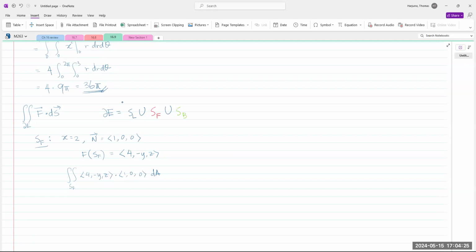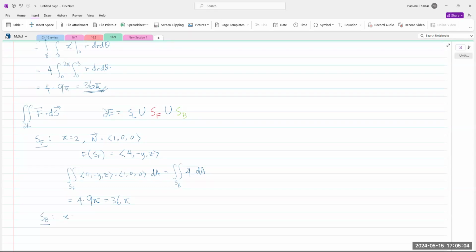The dot product is actually 4 times the double integral of that thing. It's the same as what we did already, which equals 4 times 9 pi, which is 36 pi. Okay, now how about the one at the back?